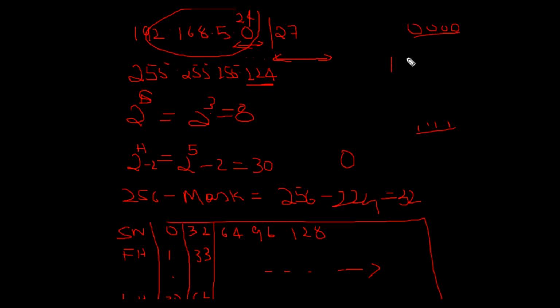Subnet is 192.168.5.0. This is subnet address /27. That is important. Mask is important. Then in that, first host is 1. You have to write the entire address. Last host is 30 and broadcast is 31.